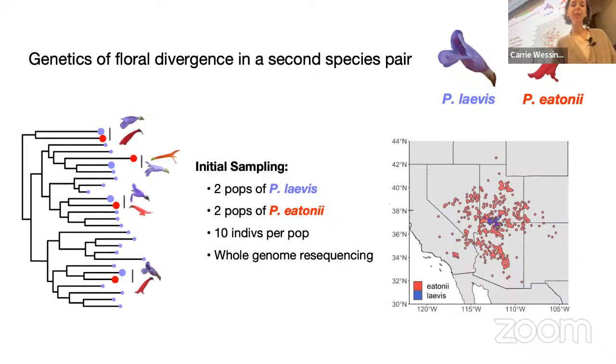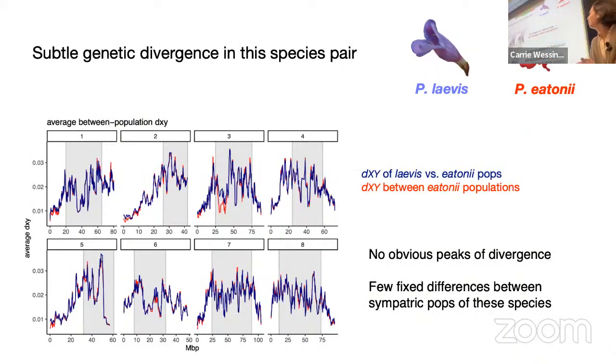And to start out, we've been calculating DXY between these populations to look for any peaks of differentiation. And again, we don't see obvious peaks. And I know this is a little bit of a nightmare to look at, but basically I'm showing you pairwise DXY between populations of the hummingbird adapted species, that's the red trace, and between the two species, the dark blue trace.